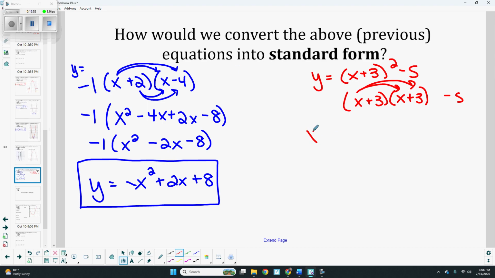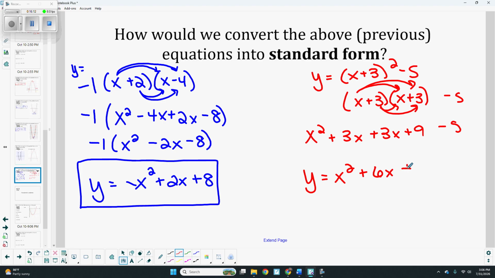Multiply x by x and by 3. Then we're going to multiply 3 by x and 3 by 3. And I'm just going to bring down the minus 5 because it's not times negative 5, it's just minus 5. So when I combine like terms here, 3x and 3x made 6x, and then 9 and minus 5 was plus 4.